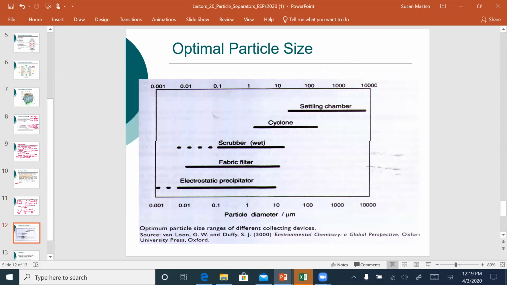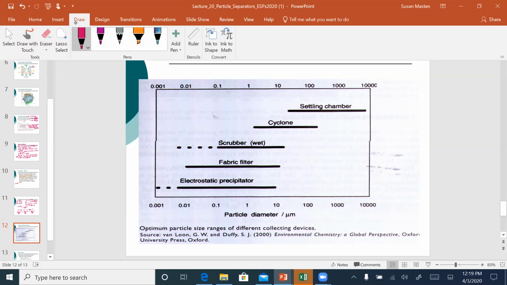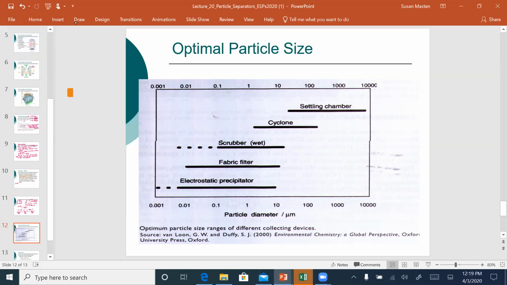I'm going to show you this figure right now. We've only talked about 3 of the different types of processes so far, but just to give you some sense, gravity settling effectively removes particles greater than about 10 microns in size.